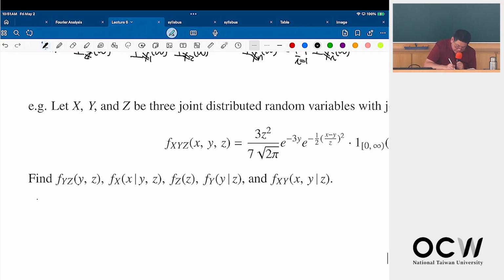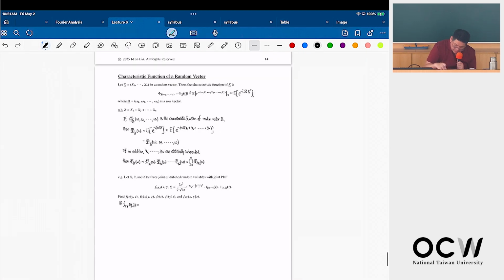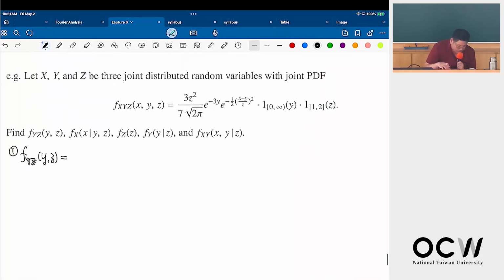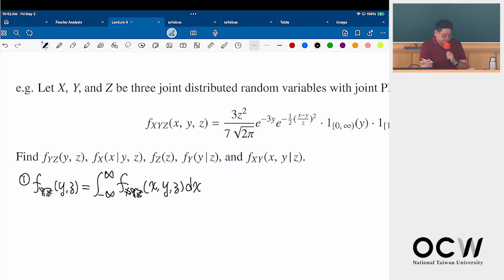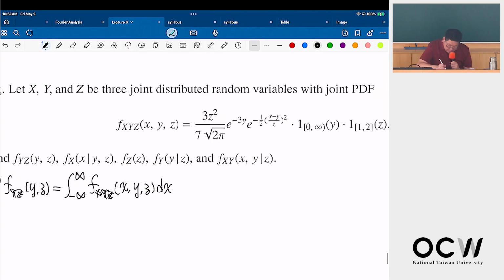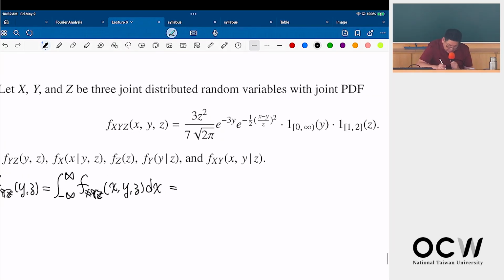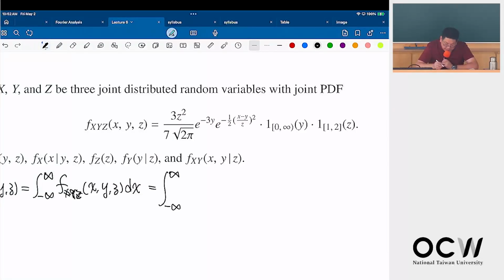So the joint PDF of yz will be the integration of your joint PDF of xyz, but I don't need x, so I will have dx. Let's see this PDF.